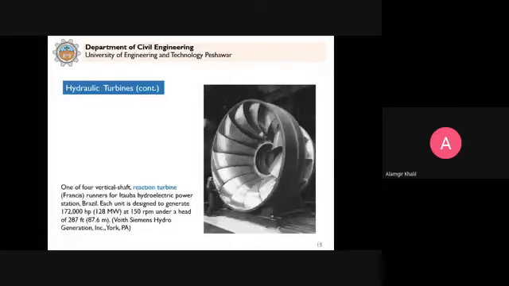This is now a case of the reaction turbine. We have the runner of the Francis turbine. So the water will enter here at the center. The wheel must run full in this case, and then it will rotate. You see here, it will rotate these vanes or blades. These are the vanes or blades.